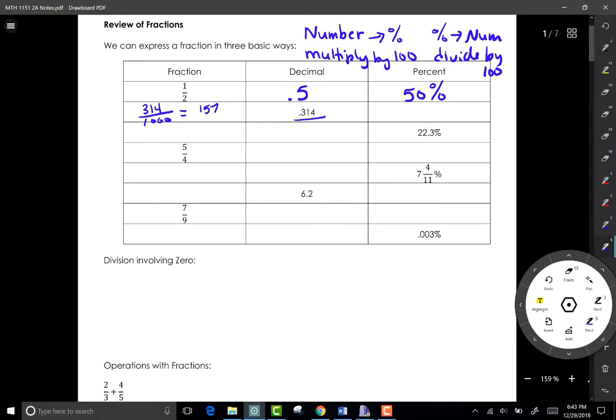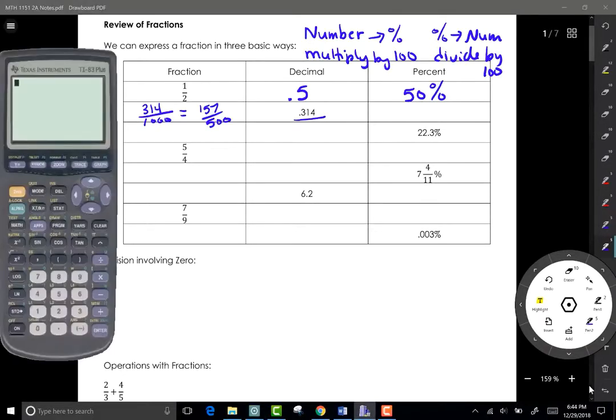157 over 500. I can always double check on my calculator to make sure I reduced the fraction correctly by putting in 0.314. By default, the calculator is going to use decimals, but then I can tell it to change the 0.314 into a fraction, and again, the calculator will give it to me in reduced form.